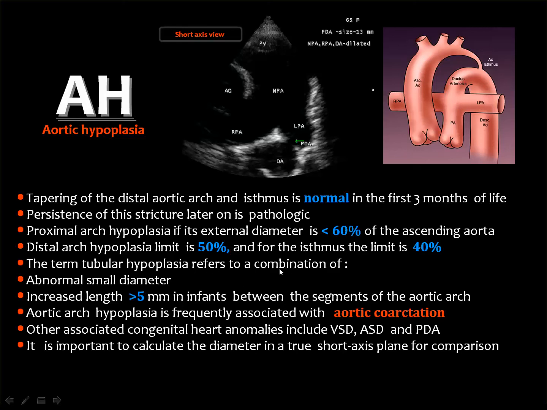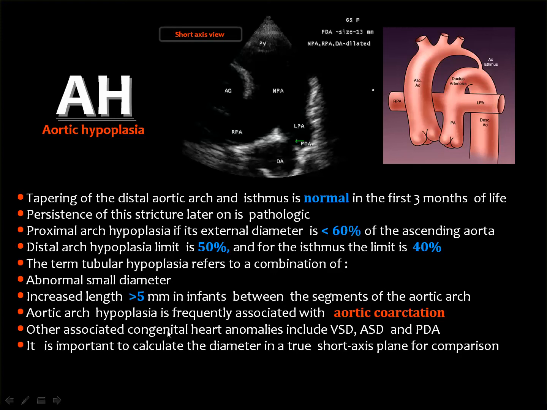Aortic hypoplasia is diagnosed by abnormal small caliber of the aortic isthmus and distal part of the aortic arch, and the increase in the length more than 5 millimeter in infants, as I have mentioned, indicates that this is one of the stigmata of aortic hypoplasia.